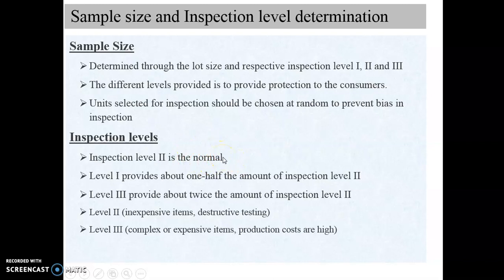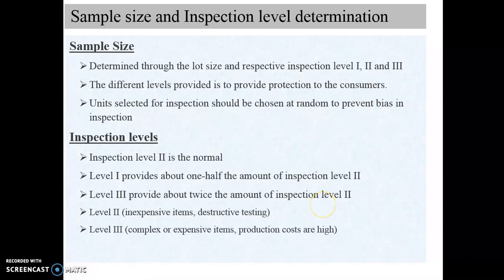If the inspection level required by the customer is level 1, then your sample size should be reduced to 100 only. If the inspection level required by the customer is level 3, your sample size should be doubled, that means 400, compared to inspection level 2.